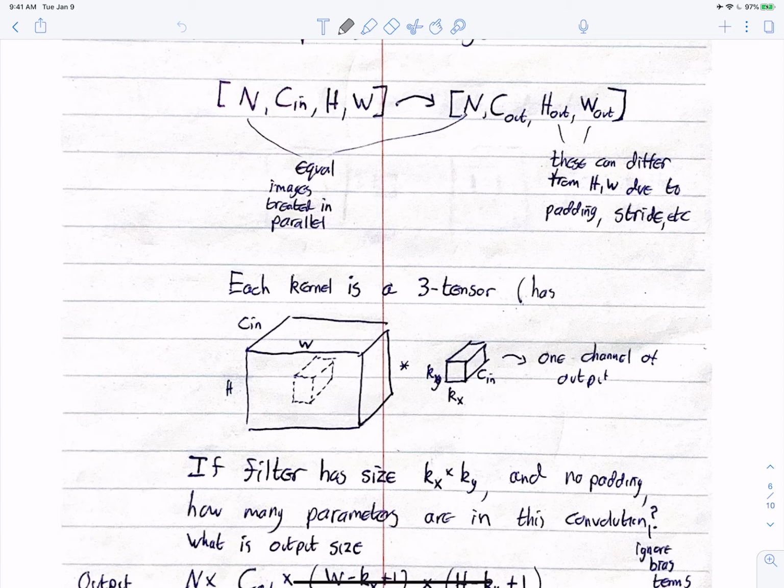Then we get an output 2-tensor, because this operation as written only gives us one output channel. As we have multiple output channels, we get back that third dimension. And then we get back the fourth dimension from all of the images acting in parallel.